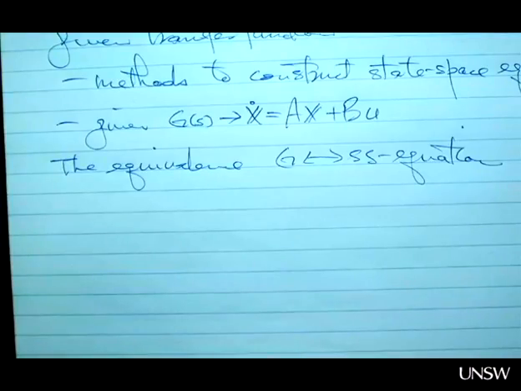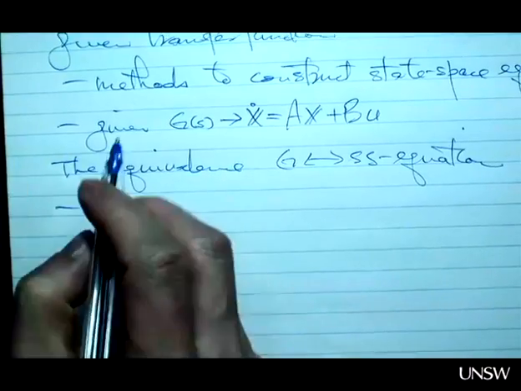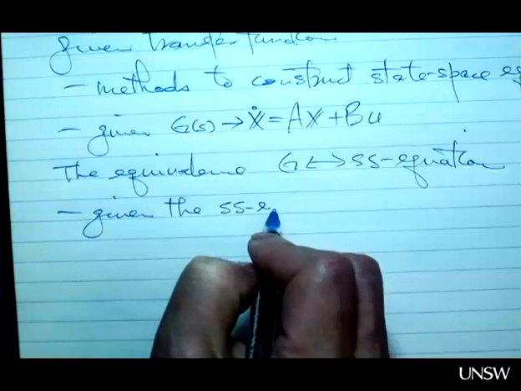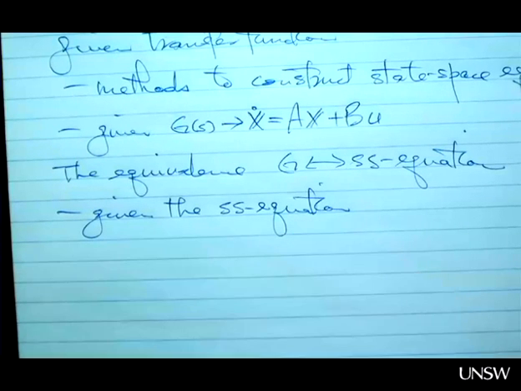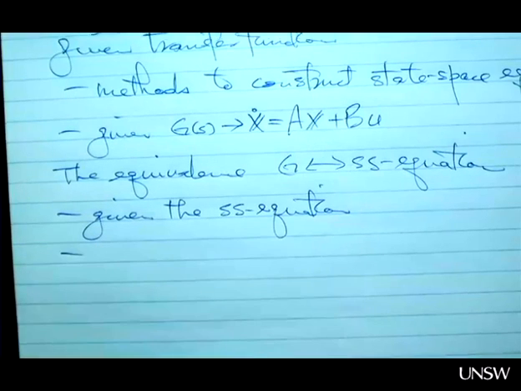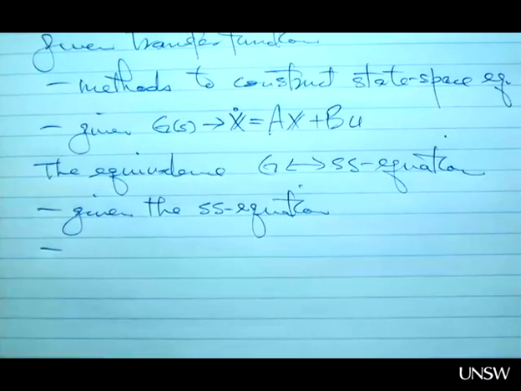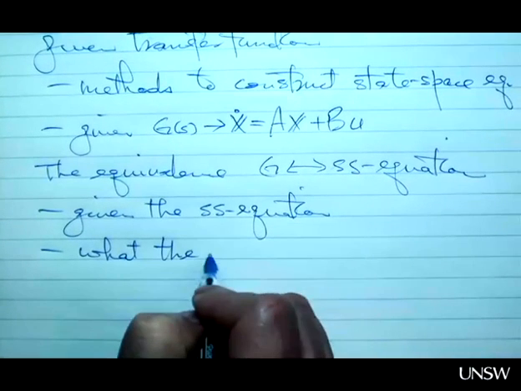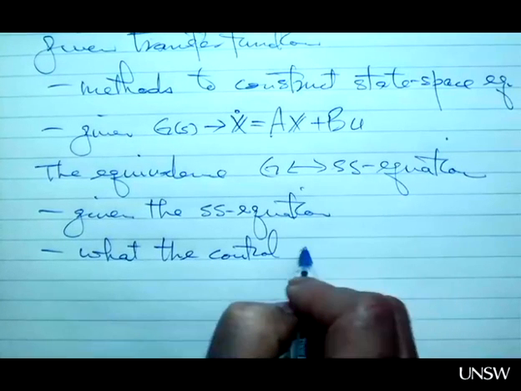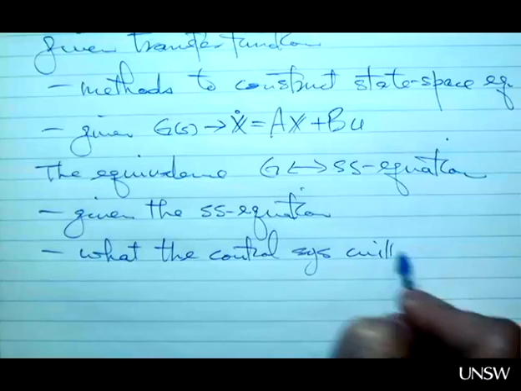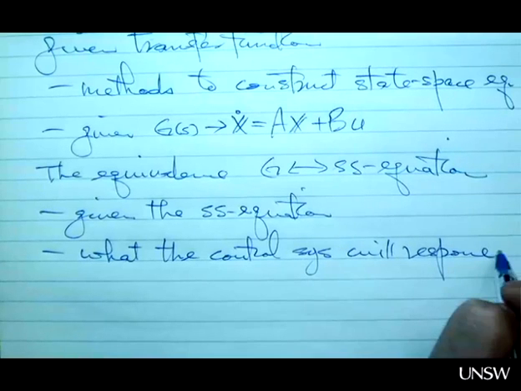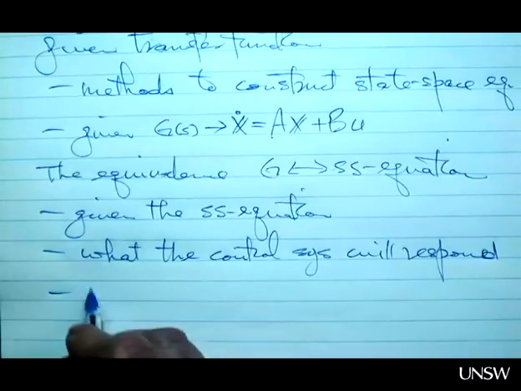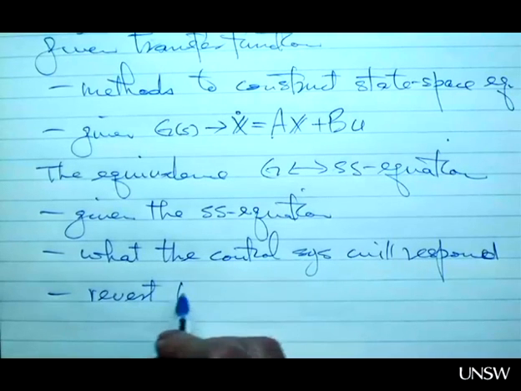That is, in this case we are given the state space equation, and we want to know how the control system will respond. Then we have to revert back to the transfer function.